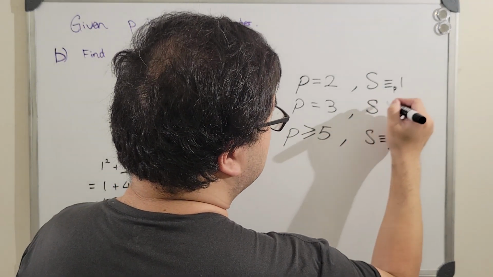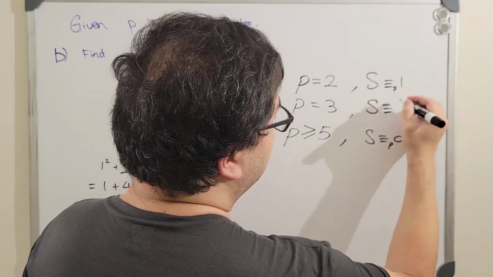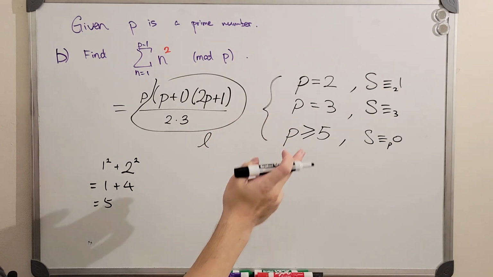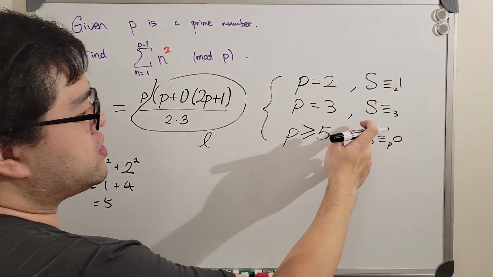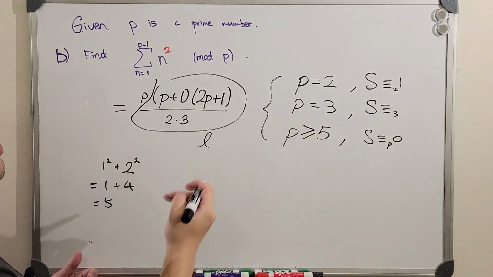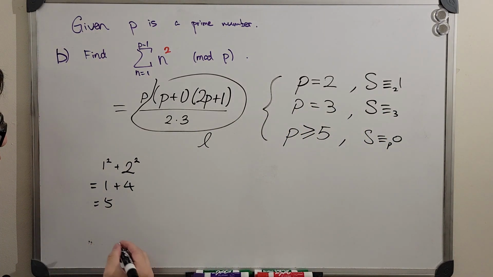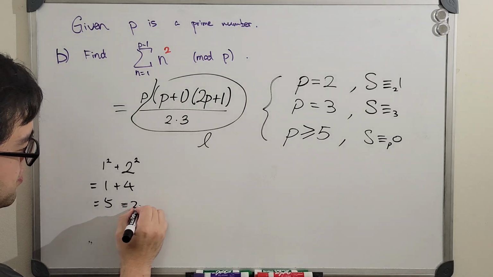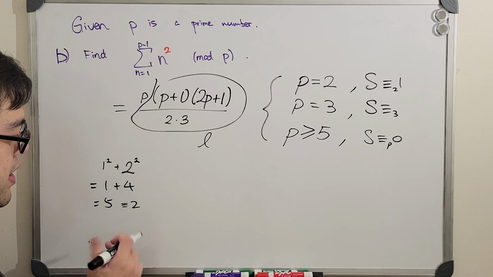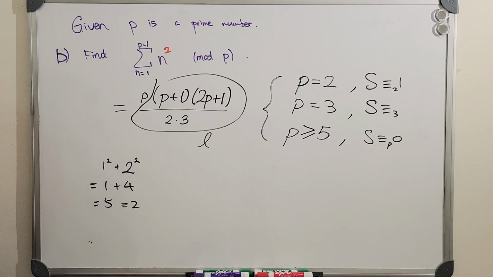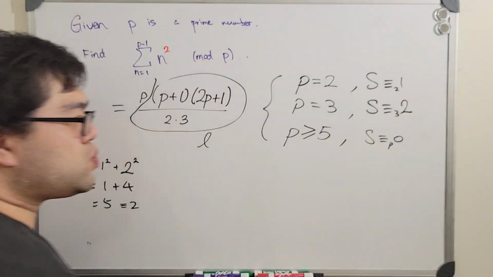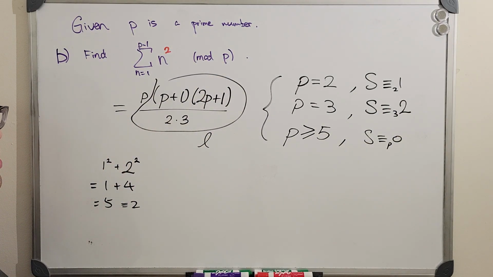So in this case, when p equals 3, the total sum is congruent to 5, which, if we take it in mod p, will be congruent to 2. Again, that means we divide by 3 and find the remainder: divide by 3, we have 1, remainder 2.